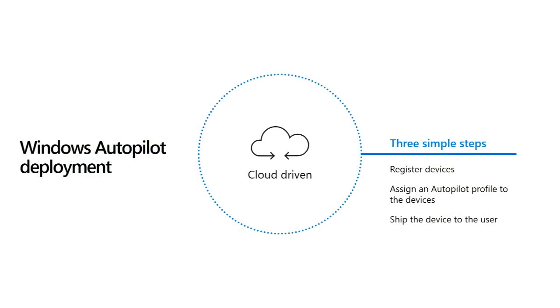Now, to use devices with Windows Autopilot, there's 3 general steps that you need to follow. The first step is to register devices into Windows Autopilot. Once devices are registered into Windows Autopilot, what this means is you've, as an organization, now taken claim and taken ownership of these devices.